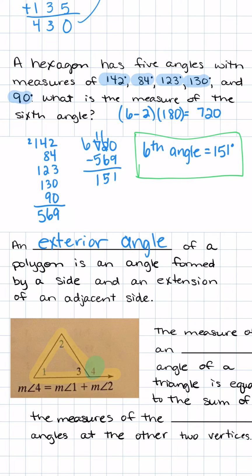And what do we know about straight lines? They equal 180 degrees. So the measure of an exterior angle of a triangle is equal to the sum of the measures of their interior angles.